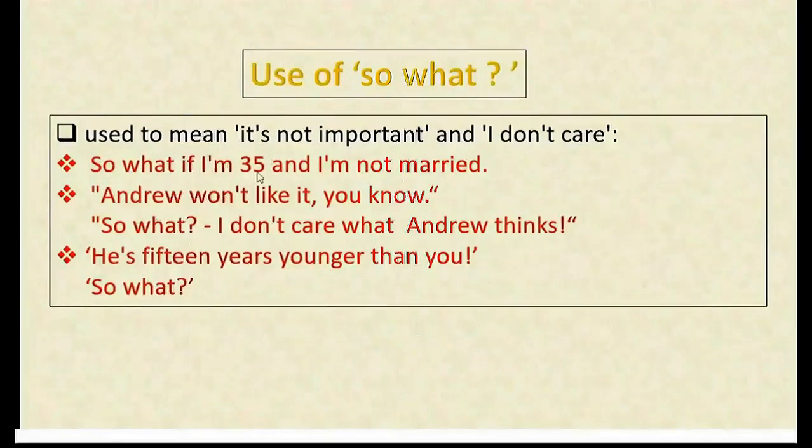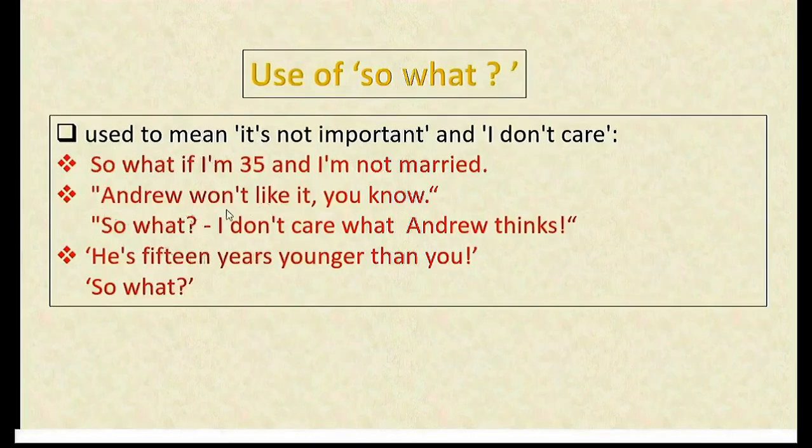So what if I am 35 and I am not married? Actually this is the response to a criticism. Someone may criticize saying that you are 35 and still not married, and in response to that criticism, this is the response. So what if I am 35 and I am not married?